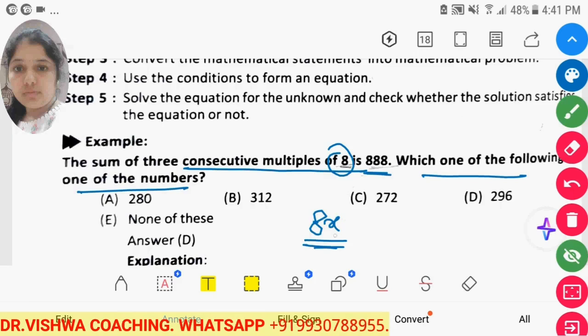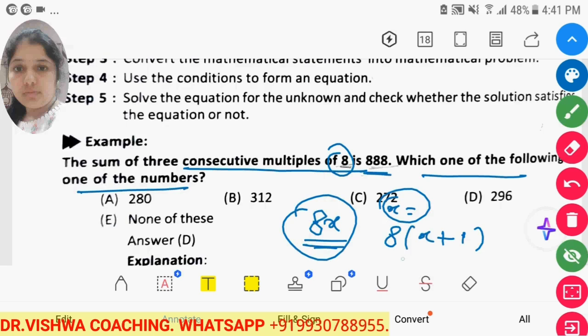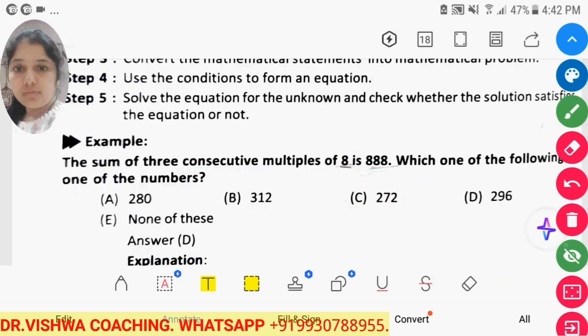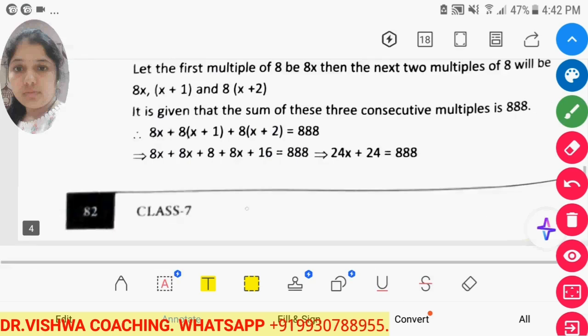Now, x is the first number, so the first multiple is 8x, so the consecutive multiples are 8 into bracket x plus 1, 8 into bracket x plus 2, because x, x plus 1, x plus 2 are the three consecutive numbers, and 8 is multiplied with each of them. Their addition is given to you as 888, so you have to find the value of this variable x.